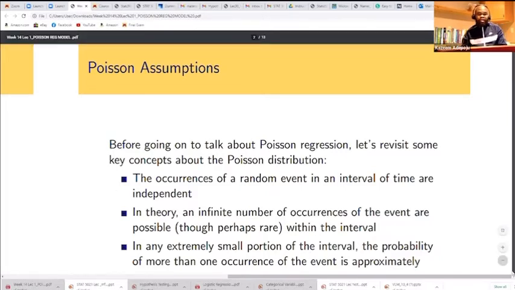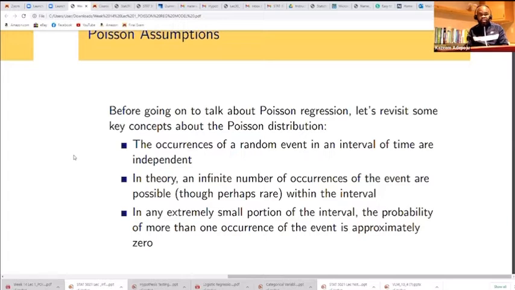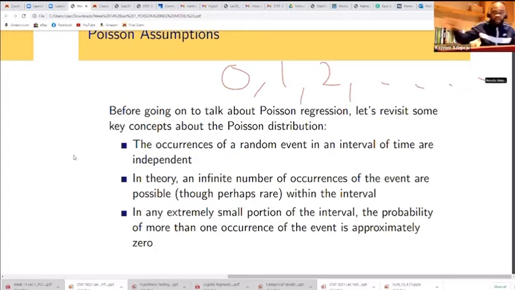Number two, there's a possibility of having an infinite number of occurrences of the event within the interval. That is the reason why, when you are talking about count data, the count is going to go from 0, 1, 2 up to infinity. There's a possibility that you have zero cases within the interval, a possibility you have one, and a possibility you even have a lot of occurrences. You remember the cases of COVID.